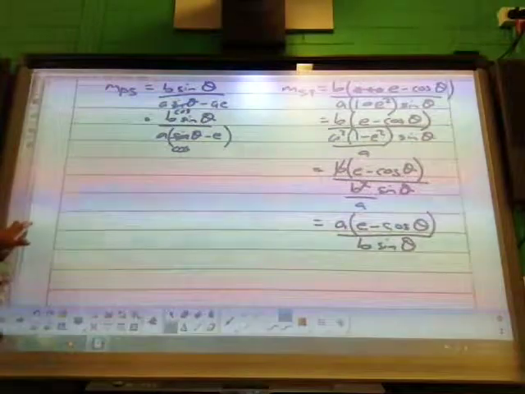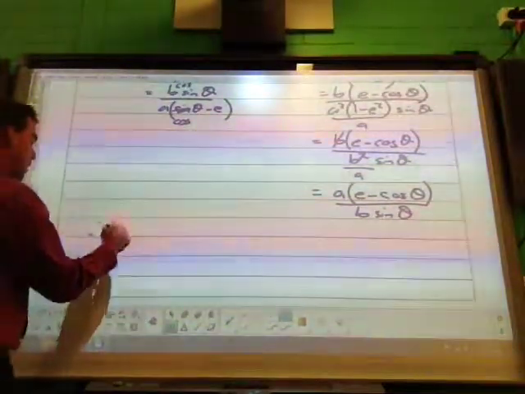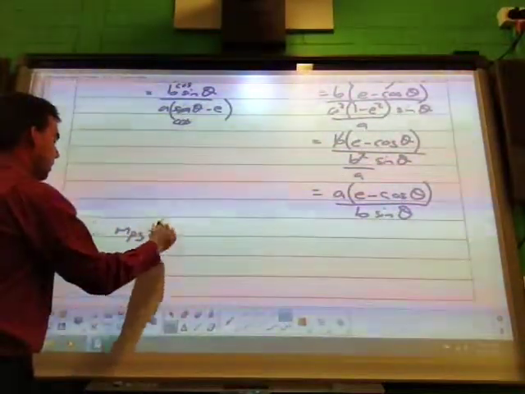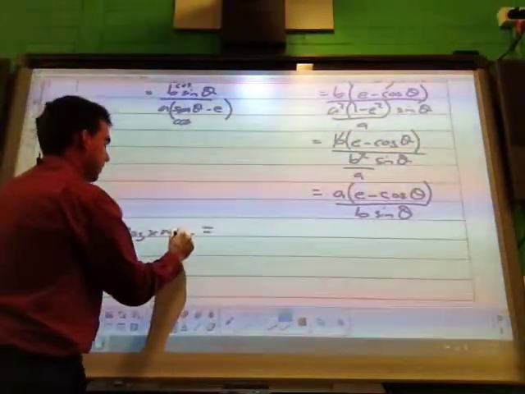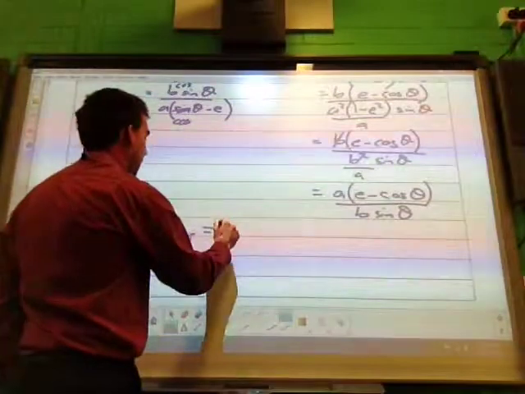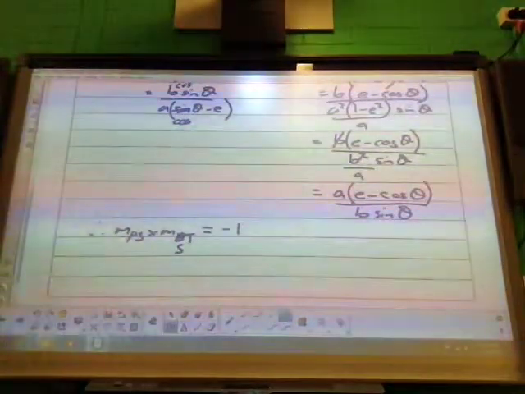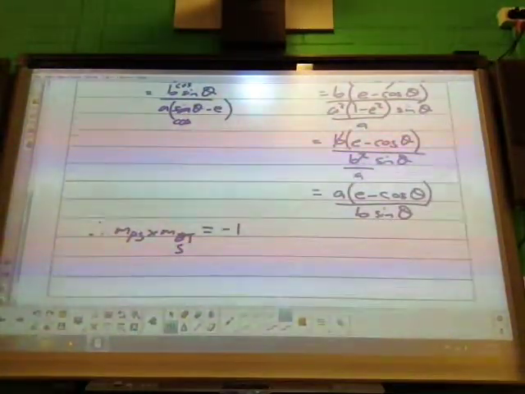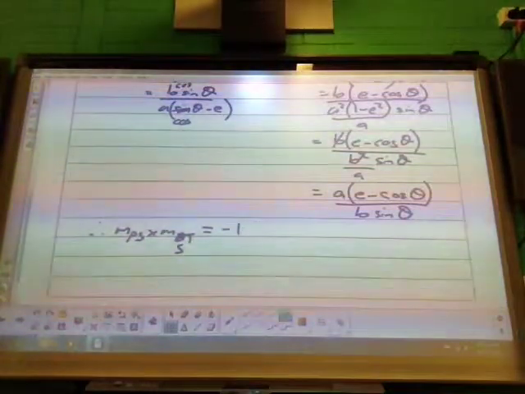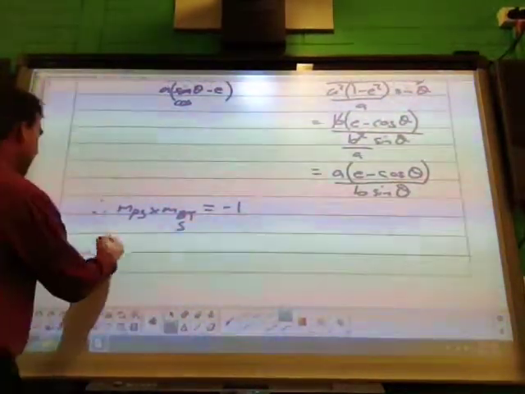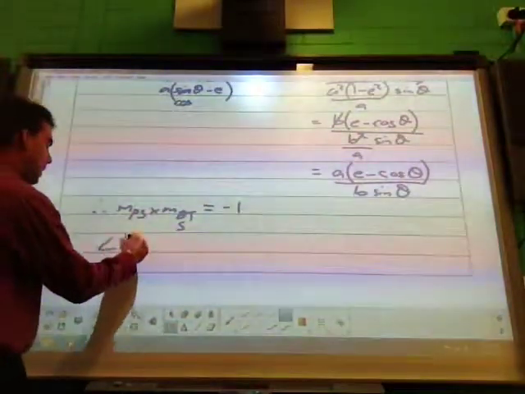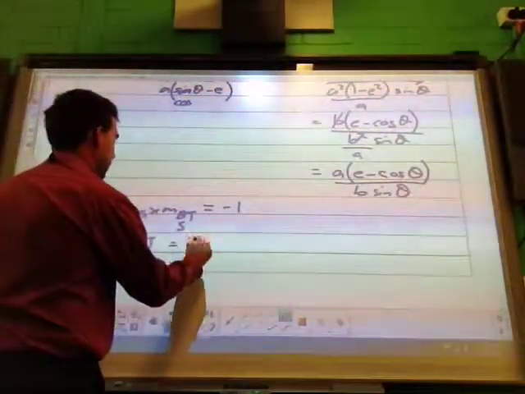Okay, so therefore, now that I've set it up, PS times ST is going to be -1. Now that I've set up the fractions, I can very clearly see it's going to be -1. So that means angle PST is going to be 90 degrees.